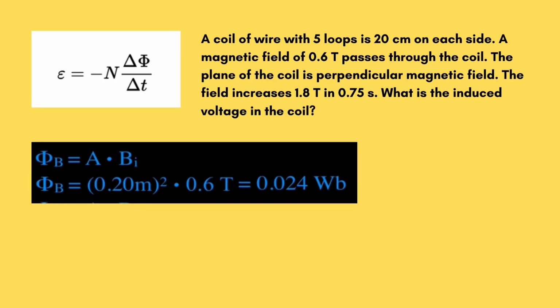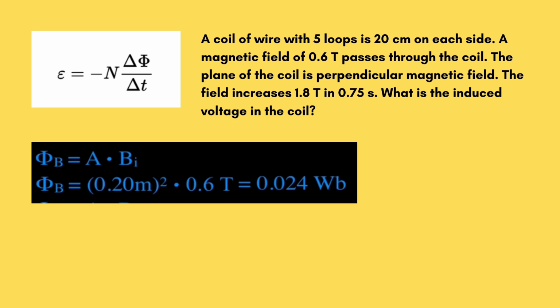In order to use the formula that is given, we have to find the final and the initial magnetic flux, since we have 2 Teslas given. To find that, we multiply the area times the initial magnetic field.